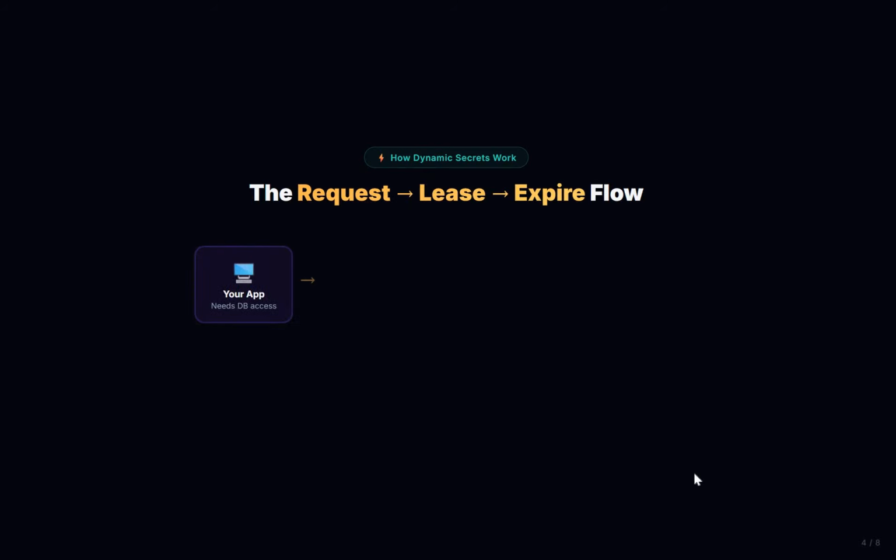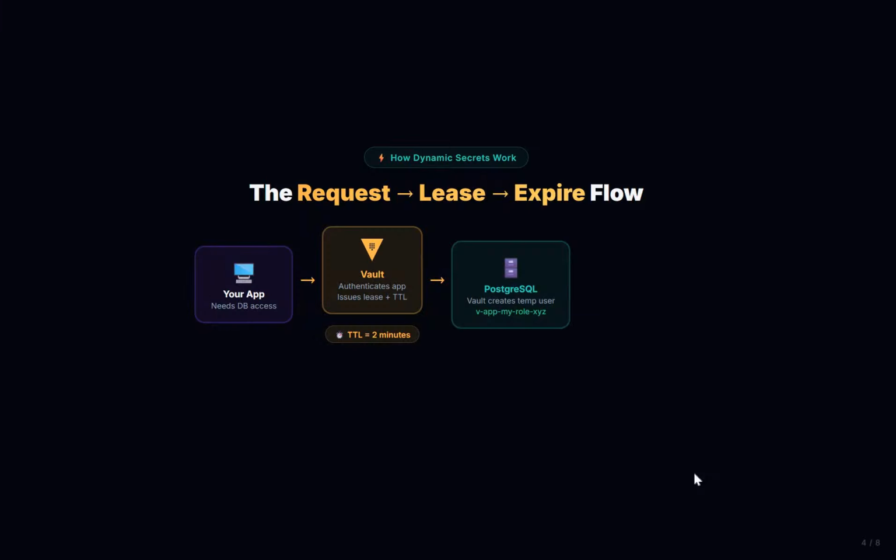So here's the flow in plain English. Your application asks Vault for a database credential, and Vault authenticates your app. Vault talks to Postgres, creates a brand new user with a random password, and sends it back with a lease duration, say maybe 2 minutes, and the app connects.